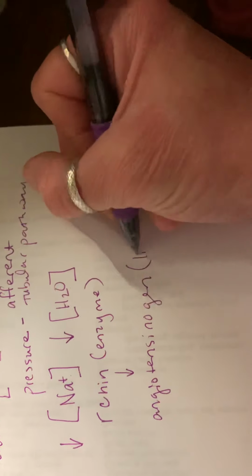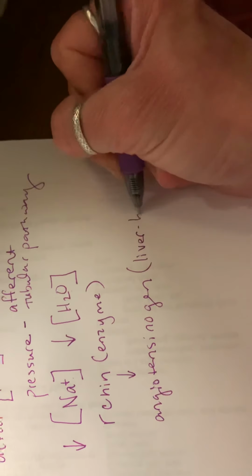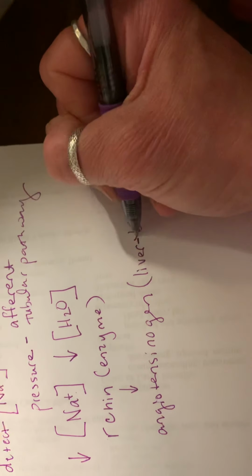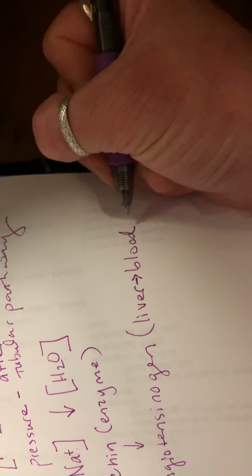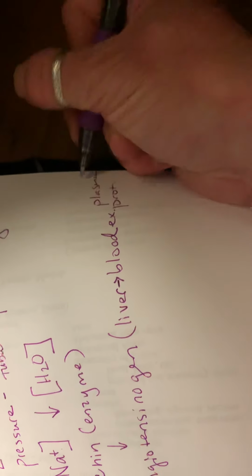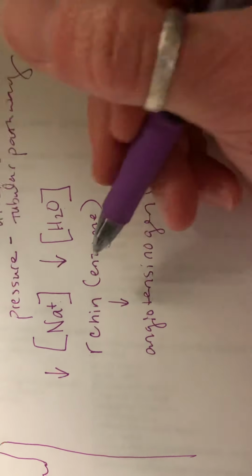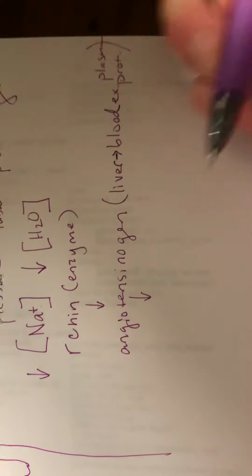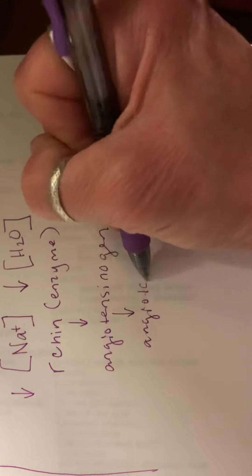And angiotensinogen is put into the blood by the liver. So it's a great example of a plasma protein, one of the many plasma proteins that the liver produces. So we're going to activate our angiotensinogen, and once it's activated, it becomes angiotensin 1.